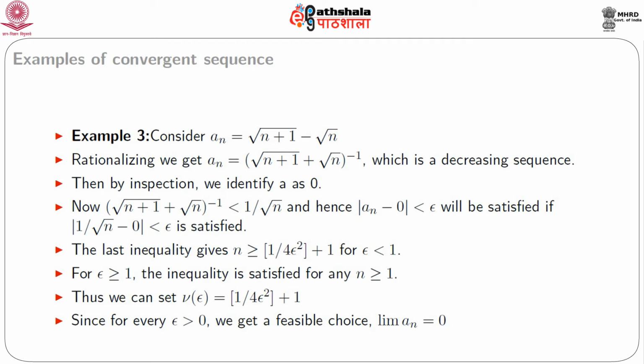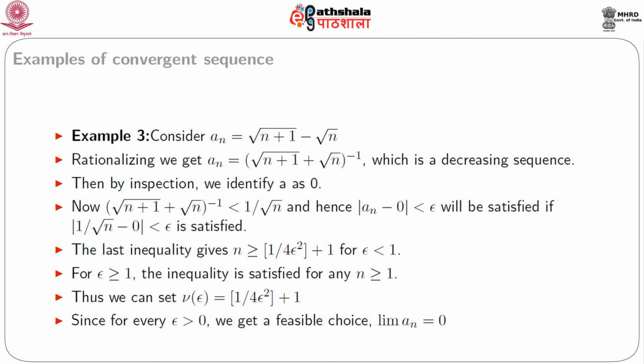Thus, by inspection we identify a as 0. Now, 1 by square root of n plus square root of n plus 1 is less than 1 by square root of n, and hence the absolute value of a_n minus 0 being less than epsilon will be satisfied if the absolute value of 1 by square root of n minus 0 is less than epsilon.